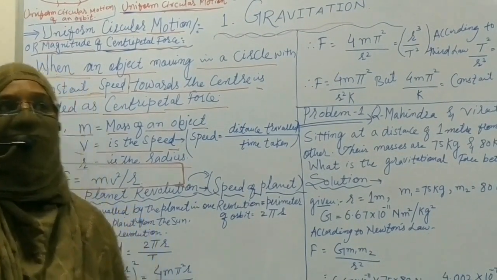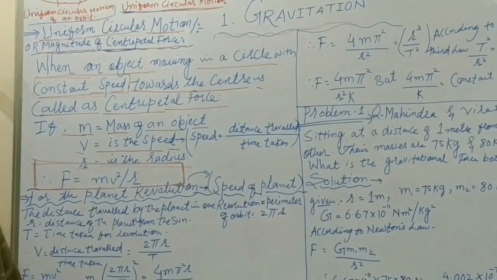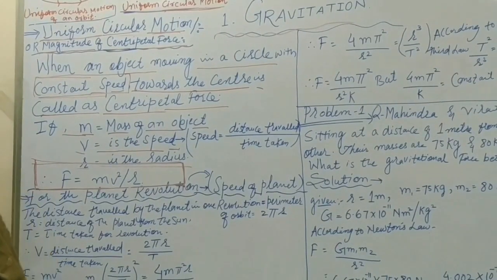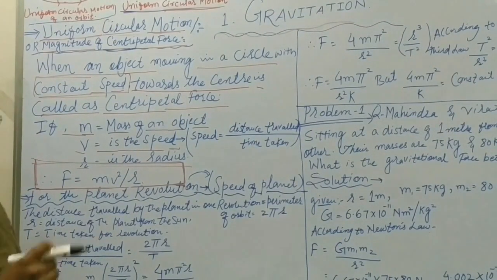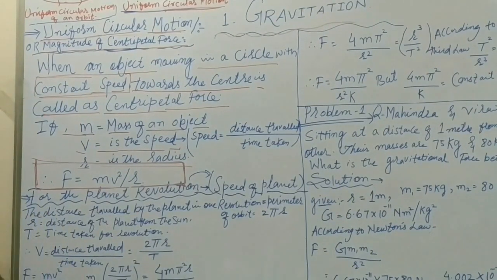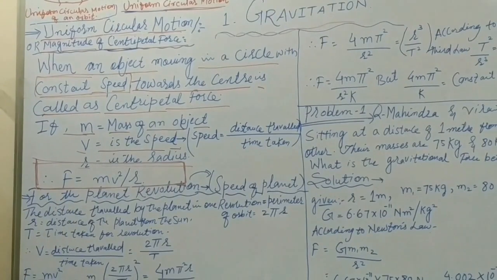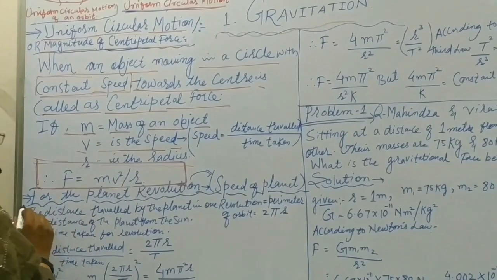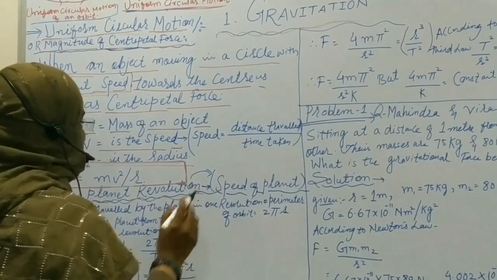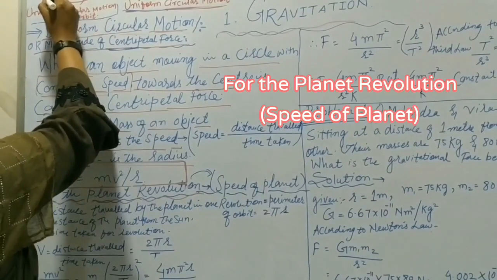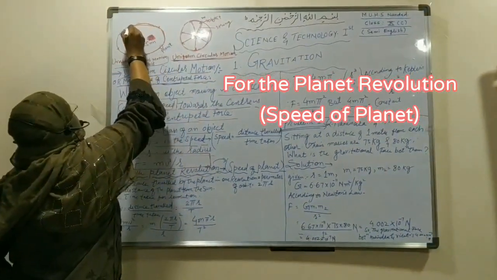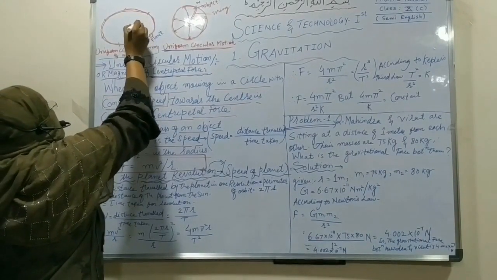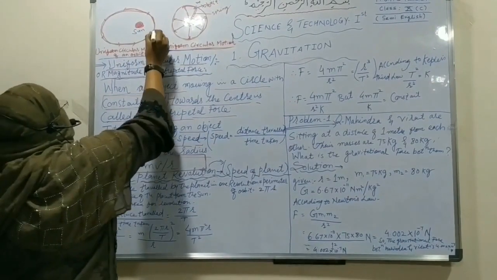But what about our solar system? We know that Kepler gives us three laws. The first law indicates elliptical motion, the second law says equal areas are covered in equal periods, and the third law gives the proportion between the square of time and the cube of distance. For planetary revolution, we know that the planets move in elliptical orbits with the sun at one focus.